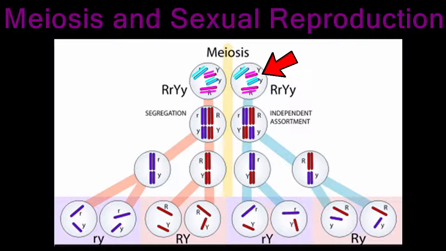After replication, each cell would have 2 copies of each chromosome. During prophase 1, the homologous chromosomes pair up, and during metaphase 1, the homologous pairs line up along the equator of the cell. Because the movement of the chromosomes is random, the homologous pairs could end up arranged like this or like this. Either arrangement is equally possible.